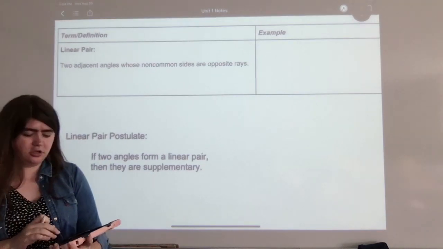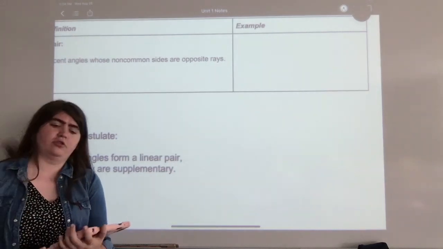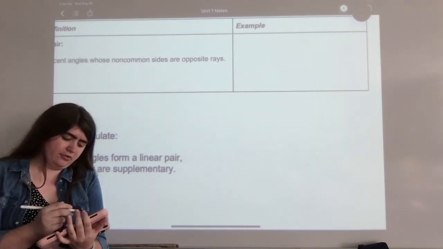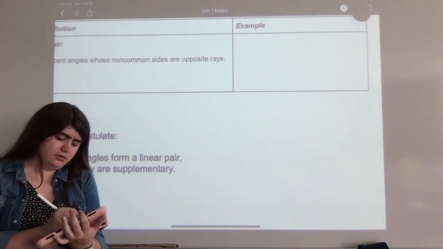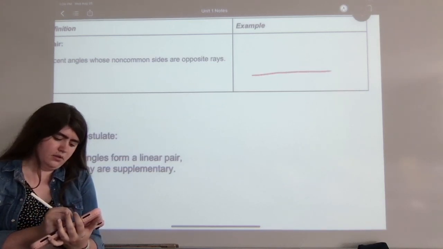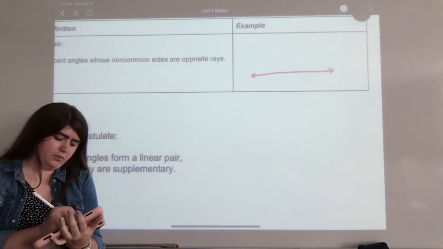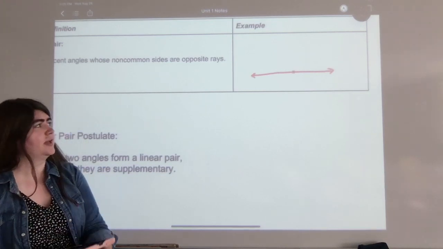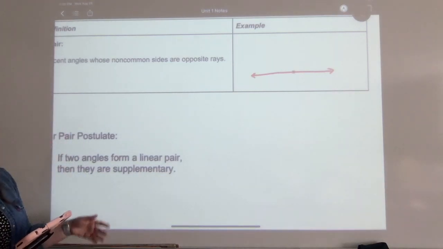So what that looks like is if we were to draw a straight angle, which is another word for a line, two opposite rays. It's a straight angle.